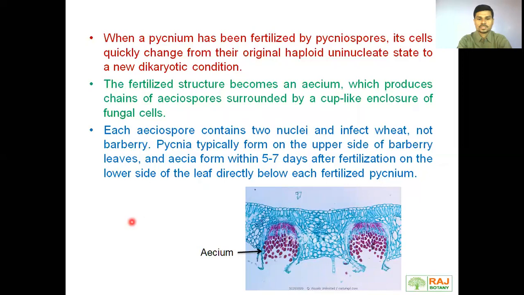After the formation of this aecium and aeciospores, the aeciospores are later ejected and infect the new host, that is wheat, not barberry. Pycnia typically form on the upper side of the barberry leaves, and aecia form within 5 to 7 days after fertilization on the lower side of the leaf, directly below each fertilized pycnium. These aecia are produced exactly below the pycnia.